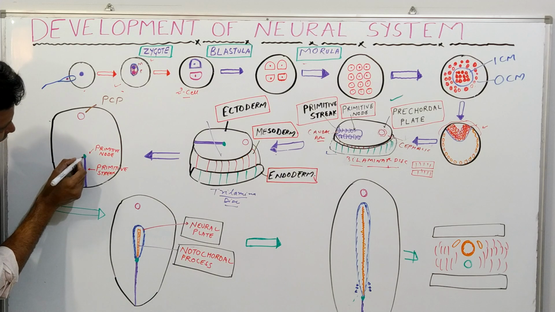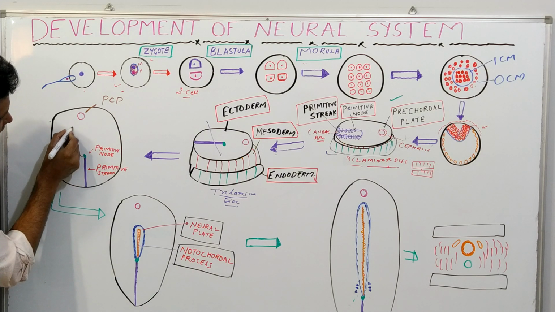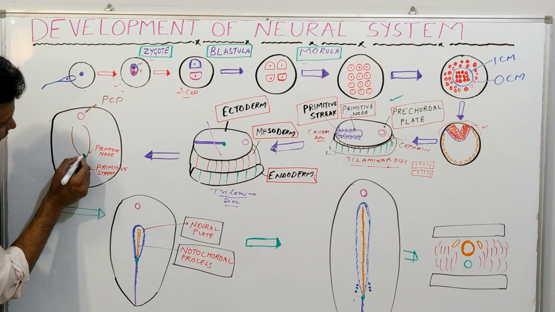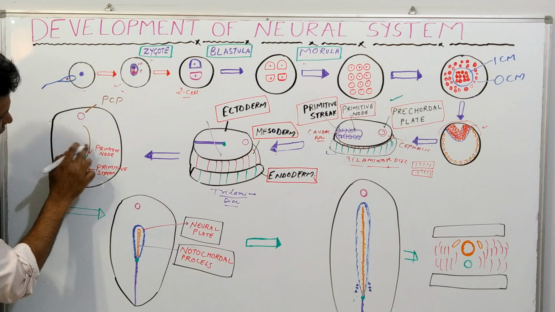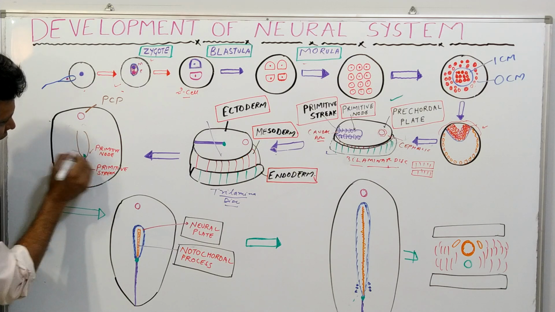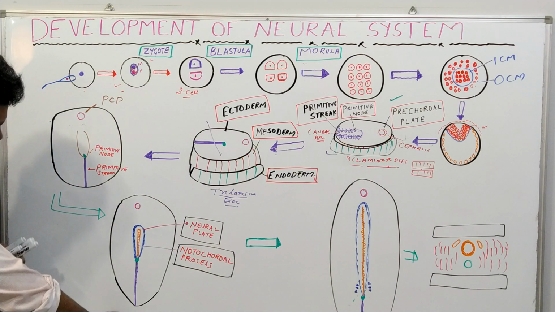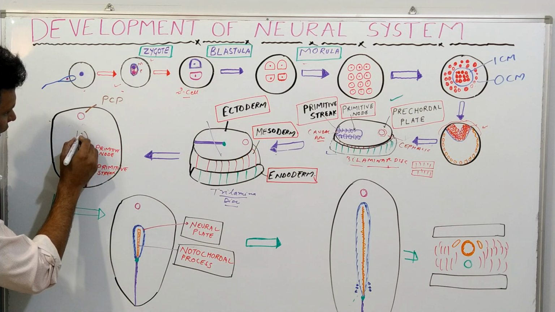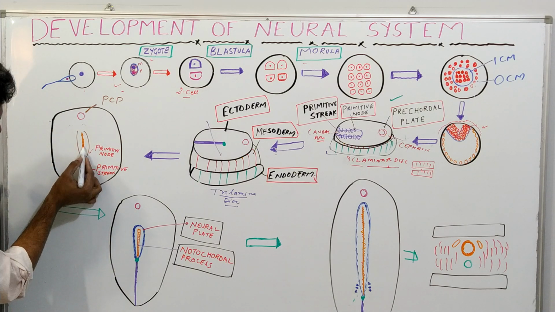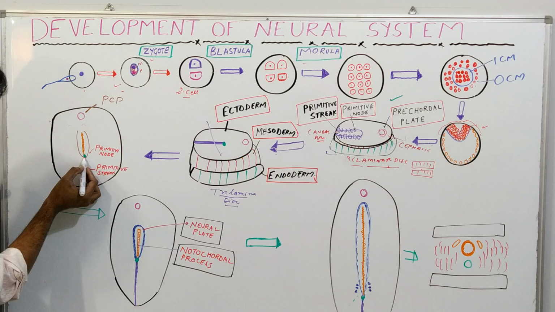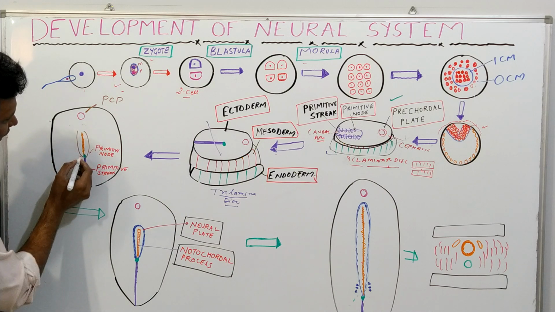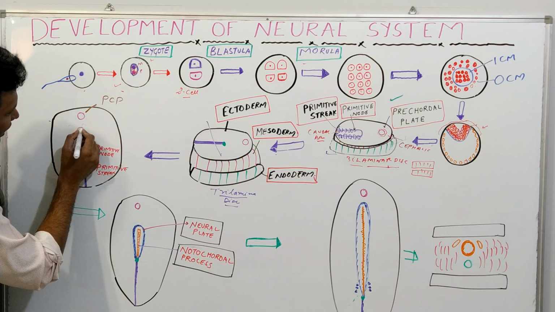Here again the cells move forward, further and further. From the primitive node comes the notochord, and from the primitive streak the cells proliferate and move forward to the cephalic end, and here it will cover.